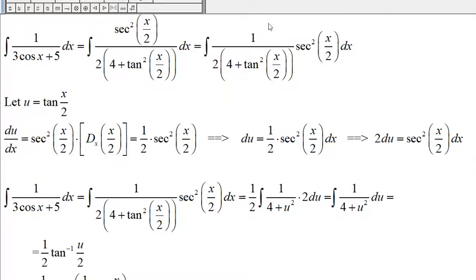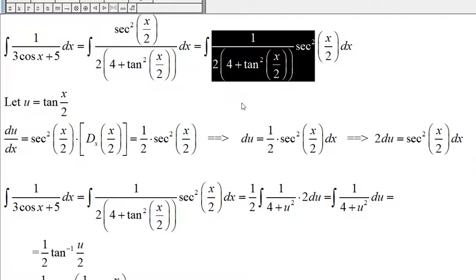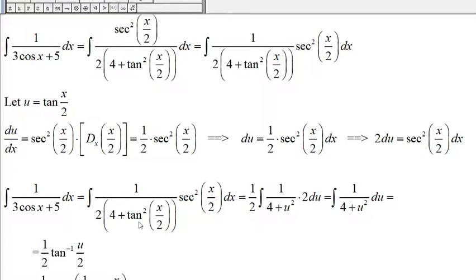And from here, this will be 1/2. This 2 right here is 2, so we get 1/2. This is u squared, since u is tangent of x over 2, so we get 4 plus u squared.